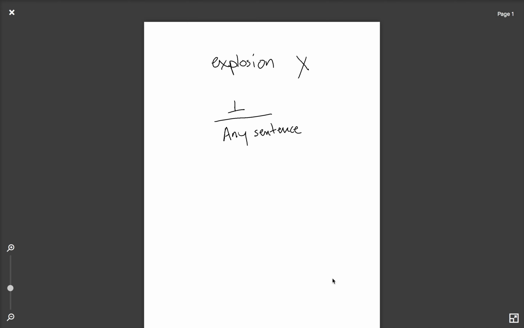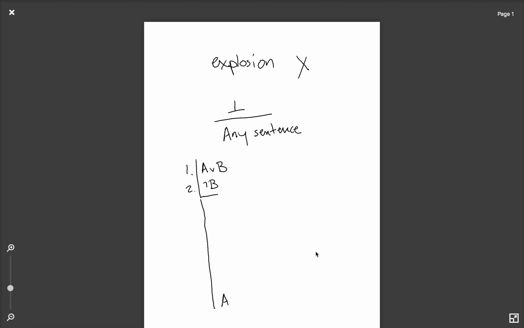So let's see how we might use this in practice. Here is an example. Let's say we have premises like this, and we want to prove that A is true.